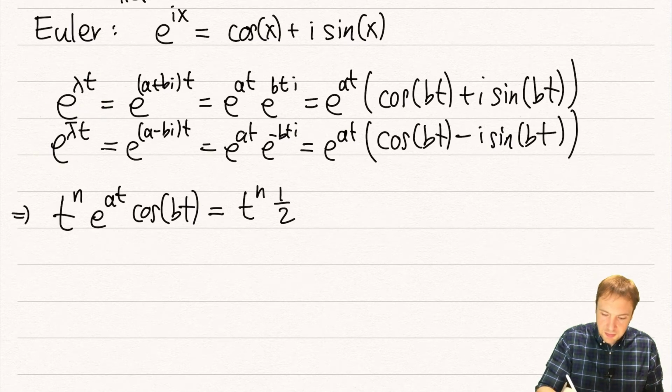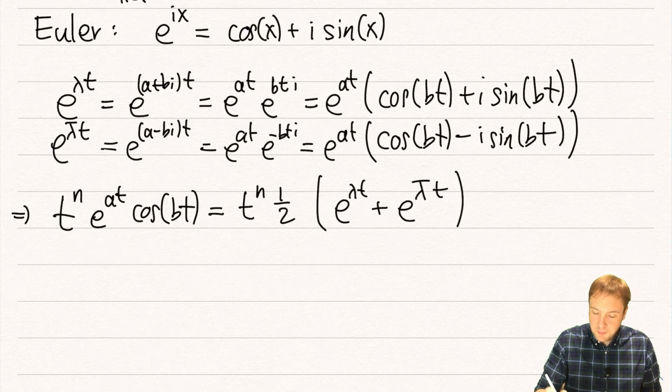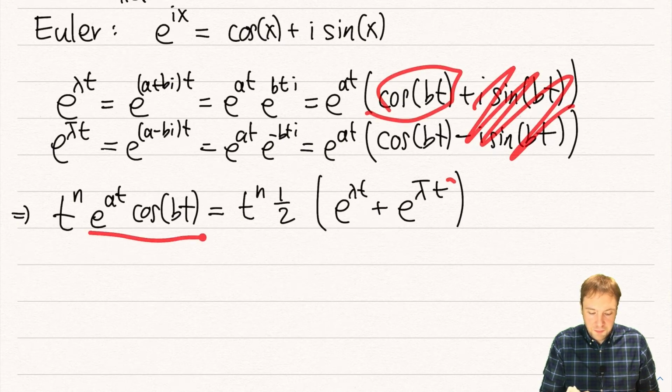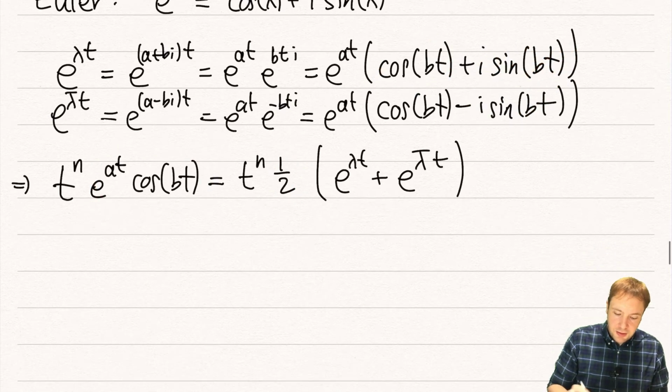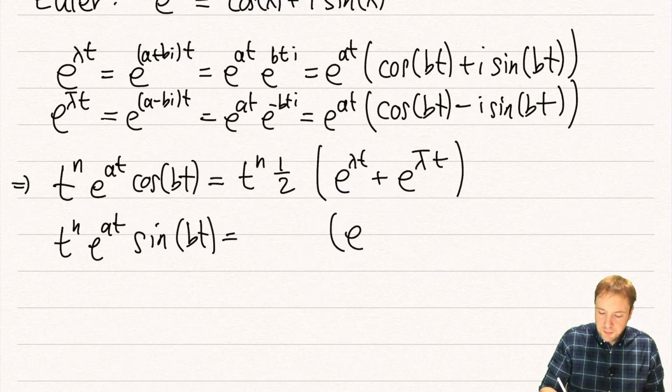So I take e to the lambda t plus e to the lambda bar t. Because if I add them, this cancels out and I have 2 times this cosine, and therefore if I take 1/2, I just have this part here. And if I do the same, so if I want to get the sine out of this, I can subtract them.